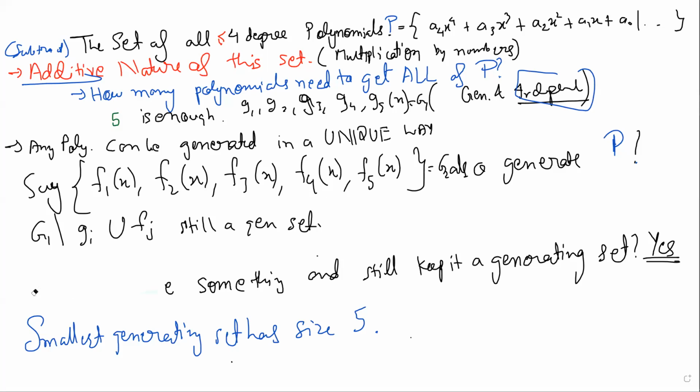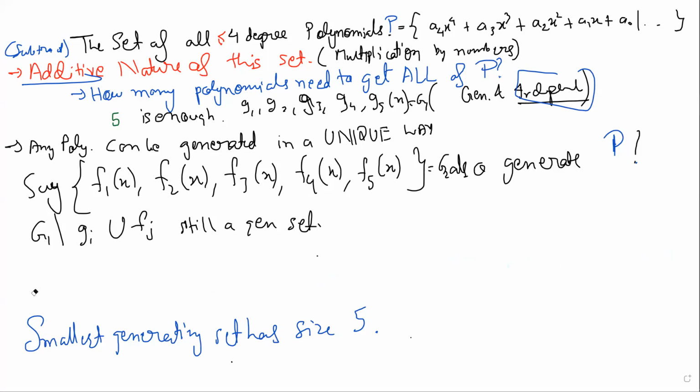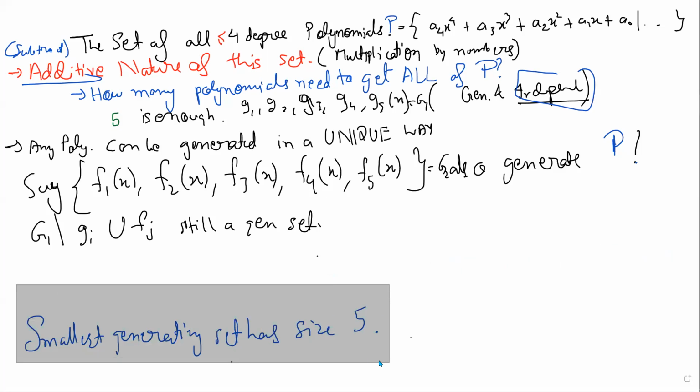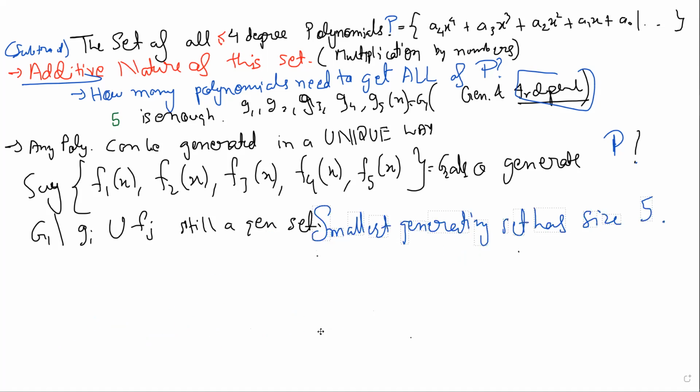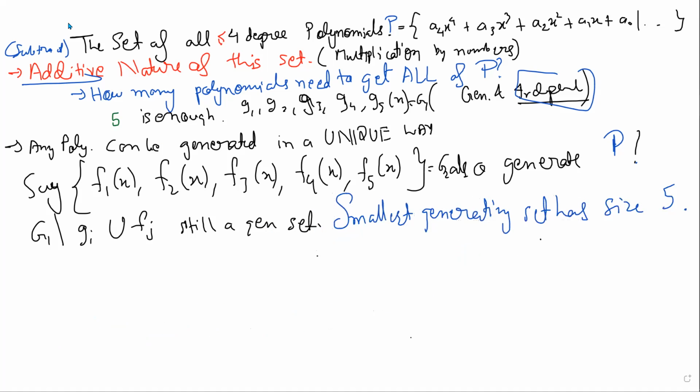But let me say that more clearly. Let us just collect what we already have. Using this, the consequence is that the smallest generating set has size 5.